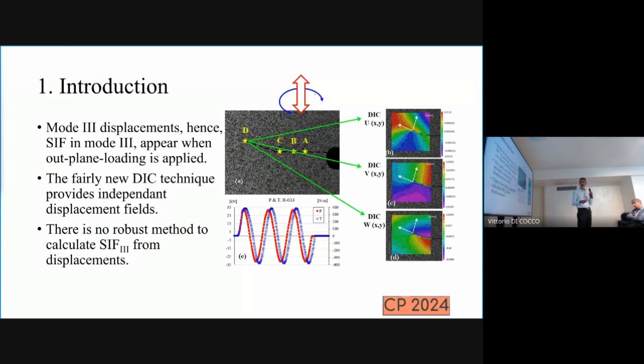So in these samples, I'm going to show you how, for example, the samples exhibit displacement in mode 2, parallel to the crack, in mode 1, perpendicular to the crack, and in mode 3, out-of-plane displacement. Okay? And we all know that the DIC technique already gives you separated displacement fields.